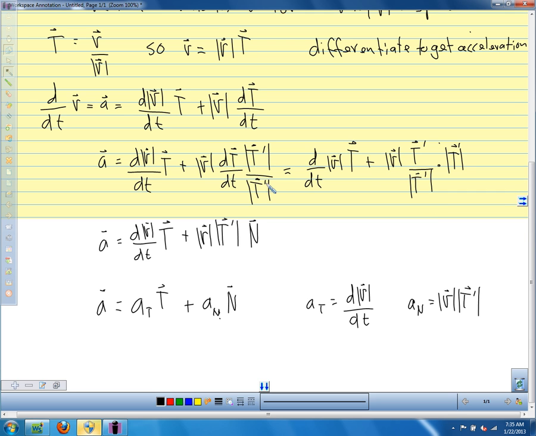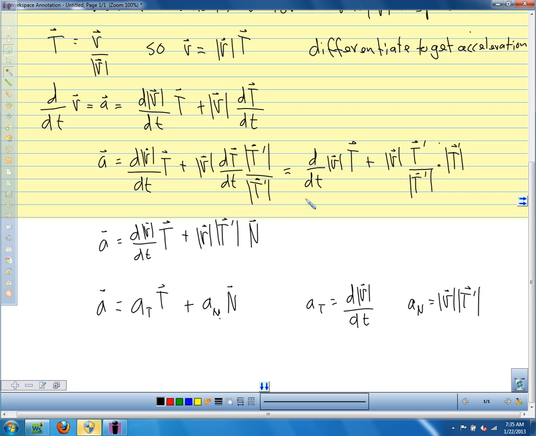We multiplied by a convenient form of 1. So we know that the derivative with respect to time of T is T prime, so that's where this T prime comes from, and then T prime over the length of T prime is our unit normal vector. So we wanted to get to that unit normal vector. All right, thanks.